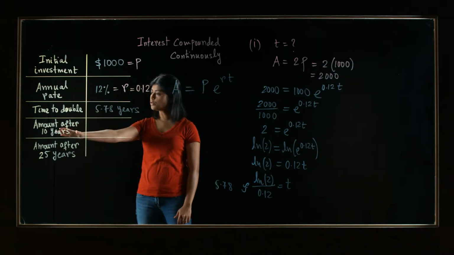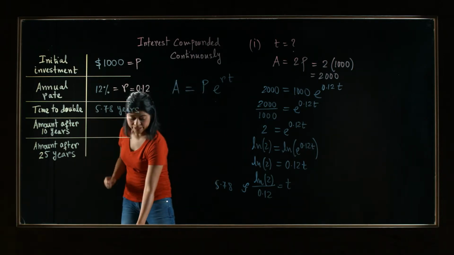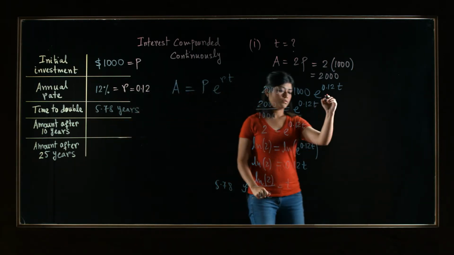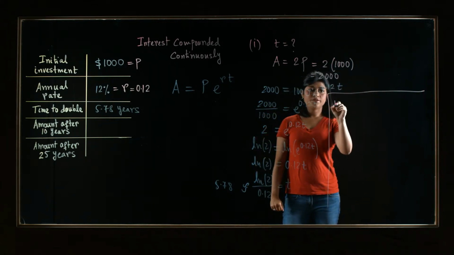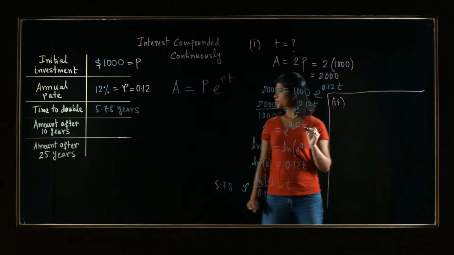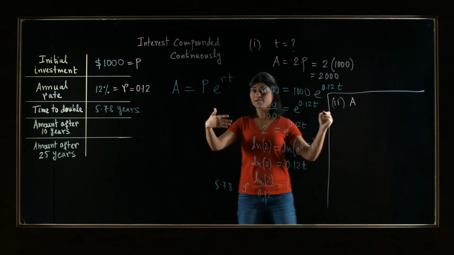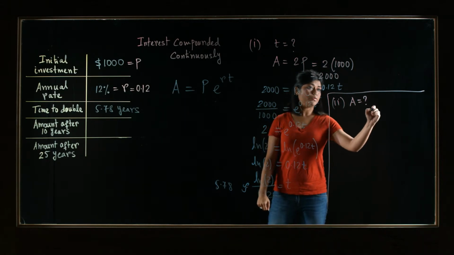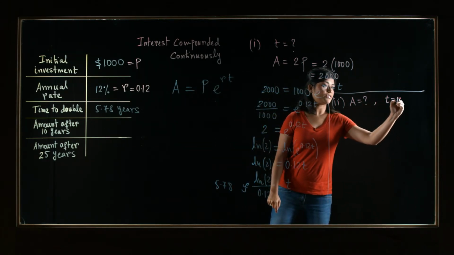Now you have to figure out what the amount will be after 10 years. So what does that mean? For part 2, we have to figure out the amount, the final balance, when T is 10, after 10 years.